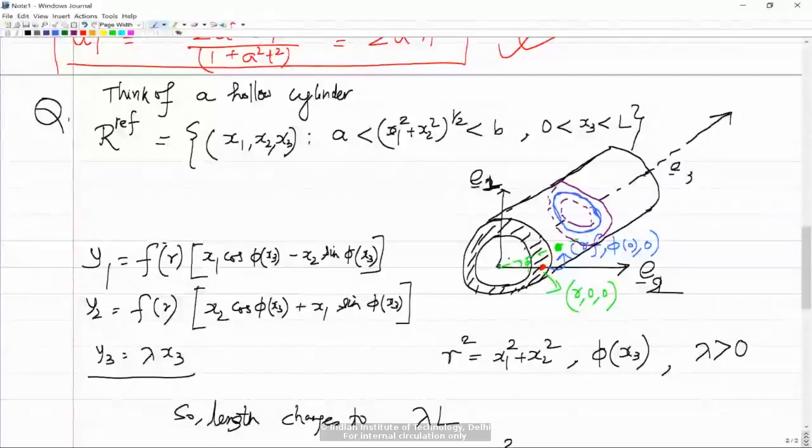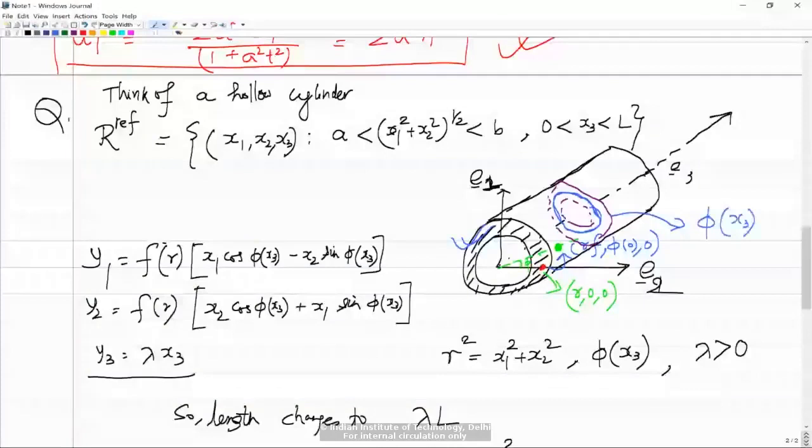That's what happens in case of twisting. The trademark for twisting is that every point in the cross section moves by the same angle, and it is different for different cross sections. So the cross section over here at x3 equal to 0 is moving by phi of 0, whereas this cross section is rotating by phi of x3.